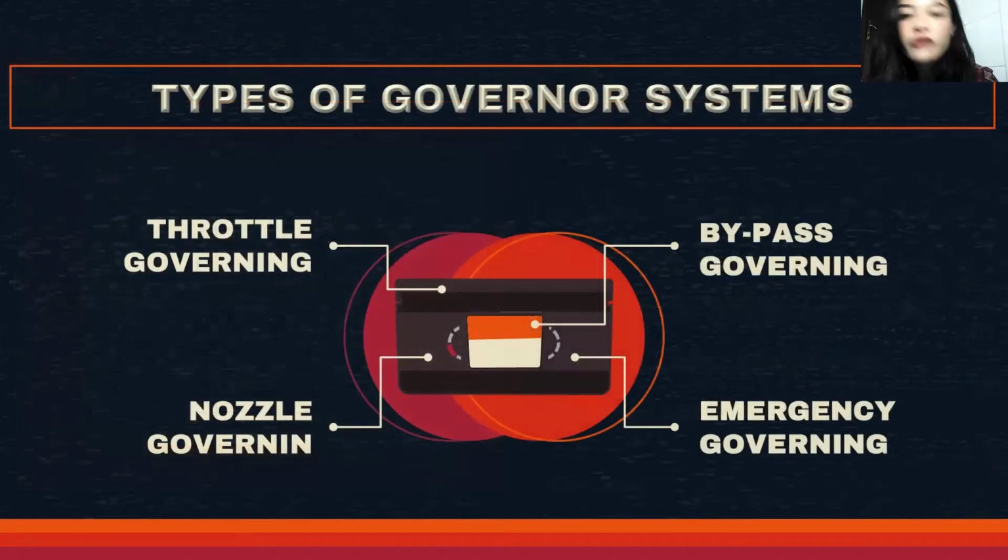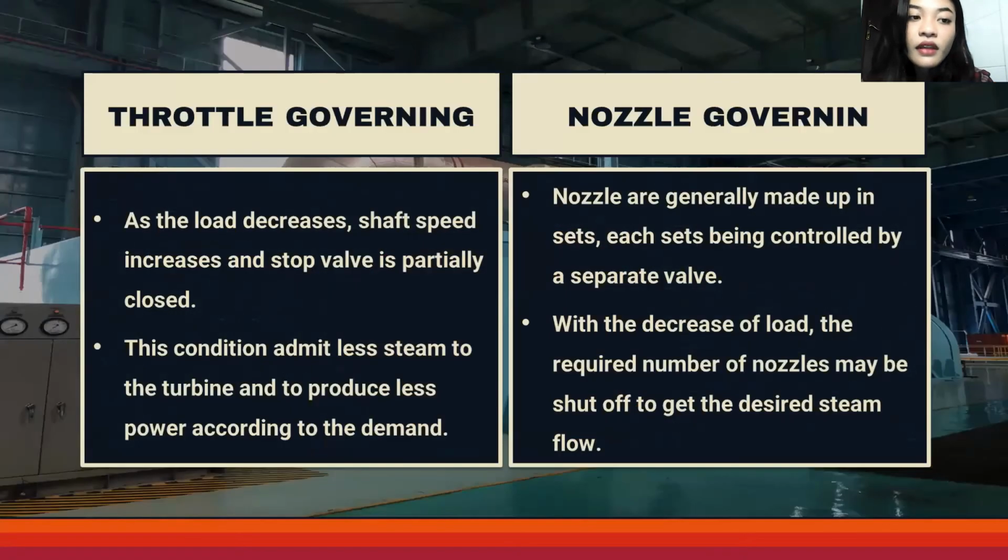Next is the types of governor system. The main function of a turbine governor is to maintain the shaft speed constant if the load varies. There are 4 types of governor system in a steam turbine, and the function of each type is as follows. 1.